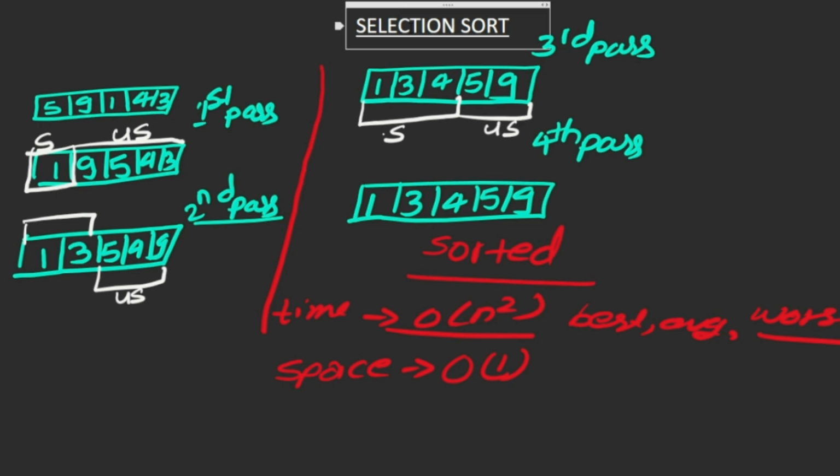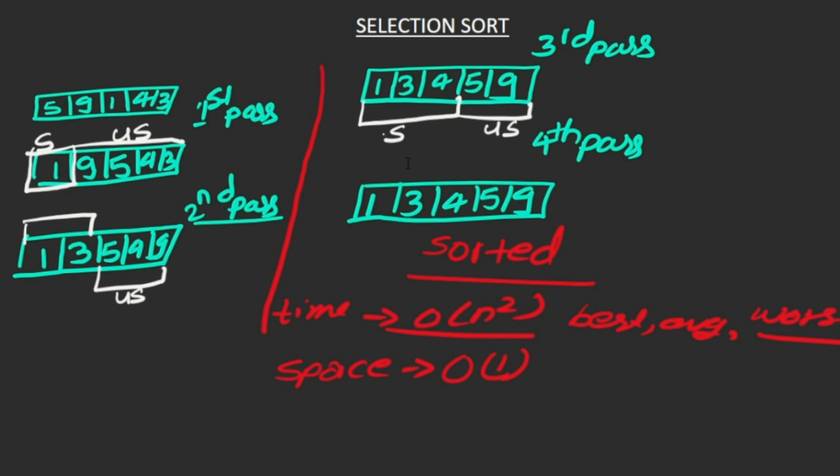So if you compare selection sort with insertion and bubble sort, right, selection sort is better than bubble sort because obviously it does minimum swapping, right, and it is not better than insertion sort because obviously we need to iterate through the complete array to find the minimum each time, right?